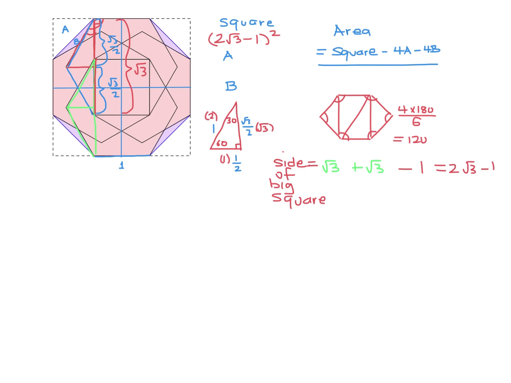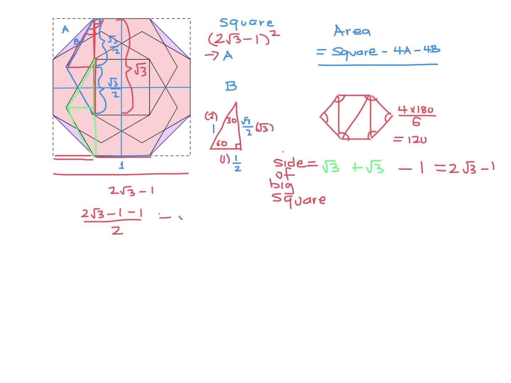Now we turn our attention to the A, this guy right here. Well, that is actually not that bad, to be honest, because the full length from here to here, we just figured out was 2 root 3 minus 1. So this part would just be 2 root 3 minus 1. And we would have to subtract this 1 again, and then divide by 2 to get from here to here.